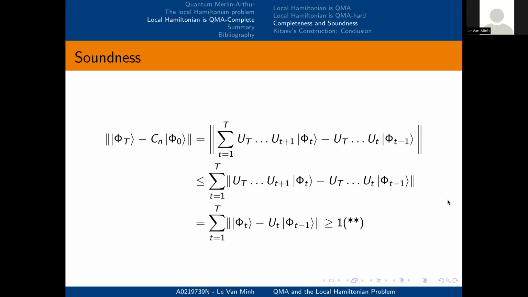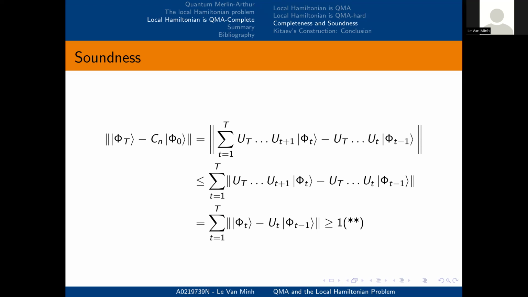Using that result, we have some very meaningful conclusion that we can make. That is, the distance between phi t and Cn applied to phi 0 is equal to the sum in the first equality that you see. This is true because we can apply a telescoping sum on this. And if you expand the right-hand side, you will see that it is equivalent to the left-hand side.